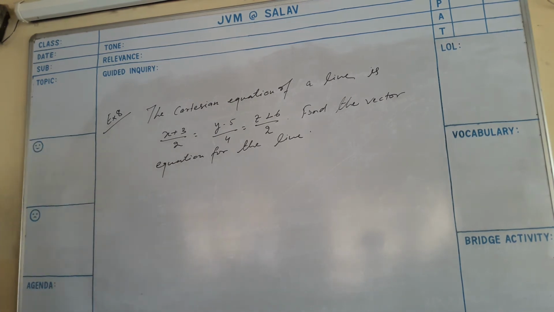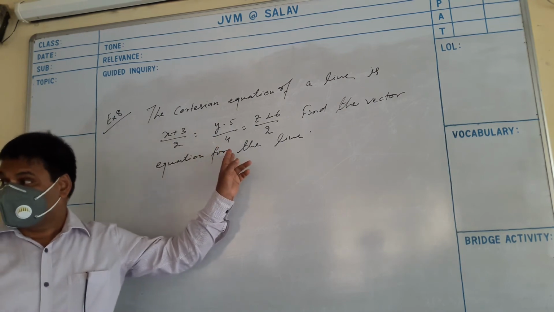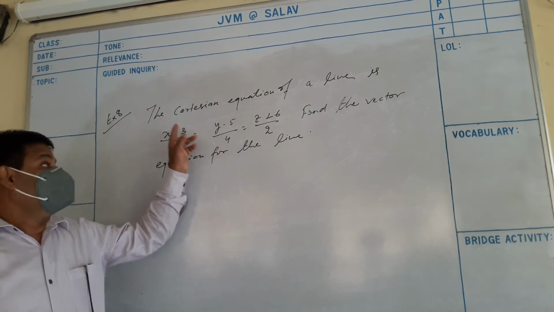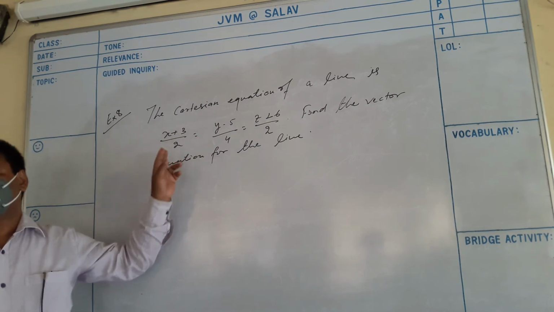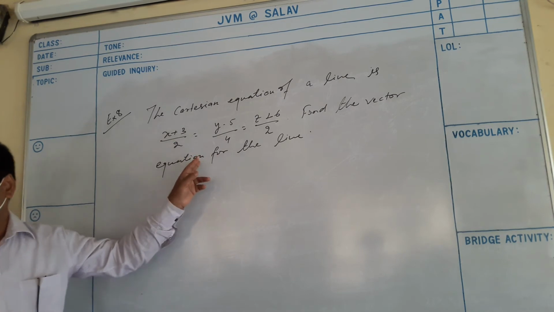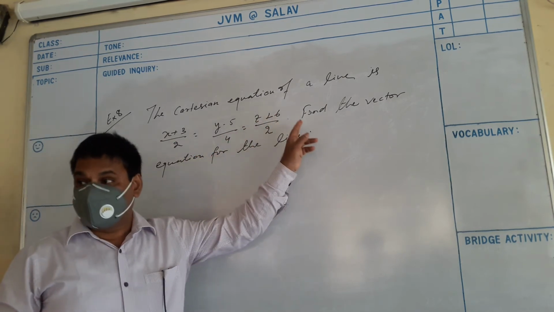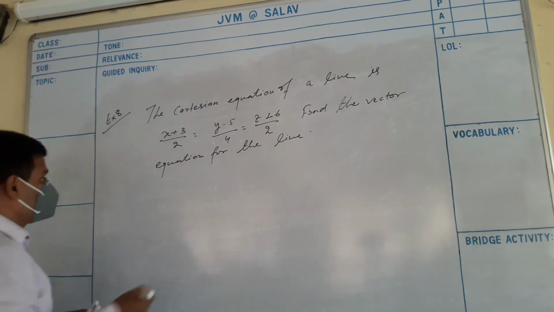What is the standard form of the equation of a line? This is the one point form, because the standard form is (x - x1)/v1 = (y - y1)/v2 = (z - z1)/v3. Okay, so write here solution.